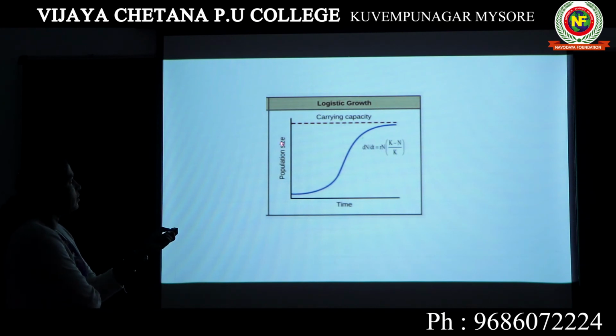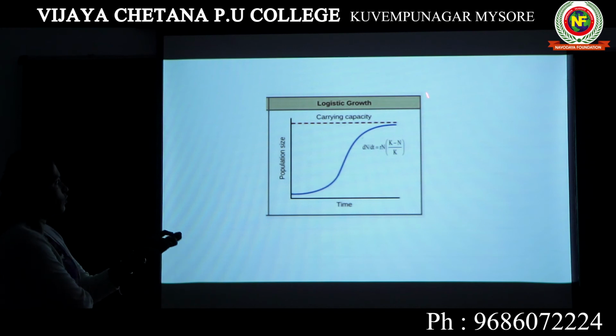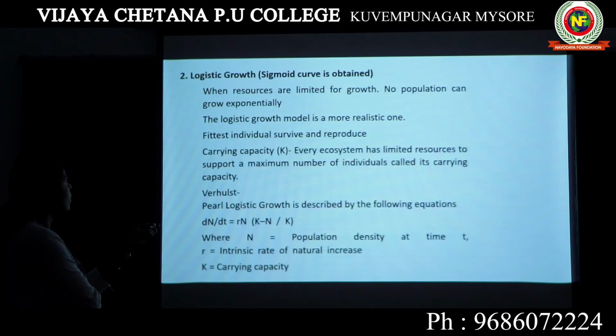So population size increases with time, but at a particular time it will start ceasing and will not increase further. This is a more realistic one. This is what happens in natural habitats also.